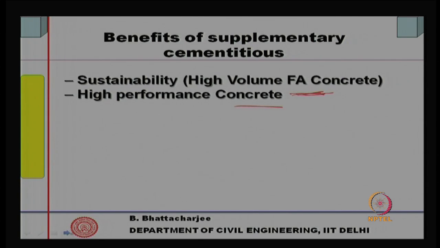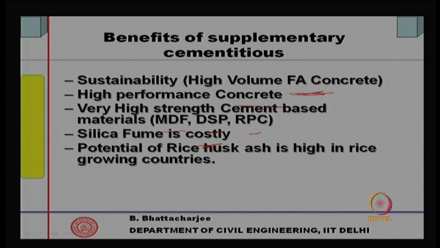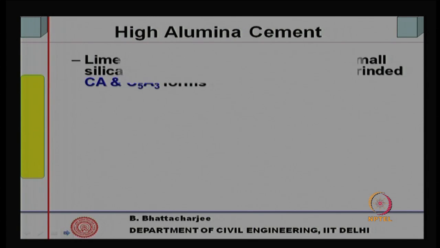In high performance concrete, silica fume is generally used, in high strength concrete, in fact very high strength concrete. MDF, DSP and RPC use silica fume, but it is very costly in the Indian scenario, 7 to 8 times that of cement. The potential of rice husk ash is yet to be really verified, and it is getting popular in this country.